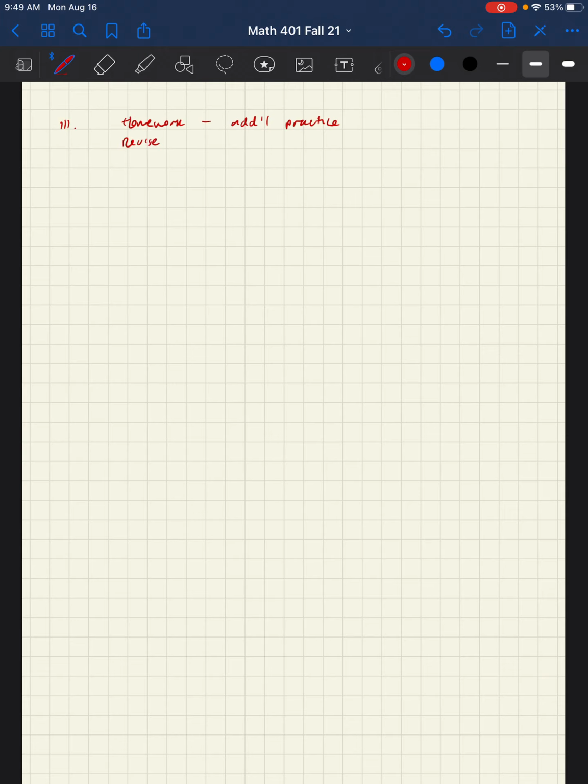Revise your notes again, or revisit them. Make flashcards if you want to. That'll be more important if you want to practice your derivative and integral rules, not so much for your work calculations and whatnot, okay?